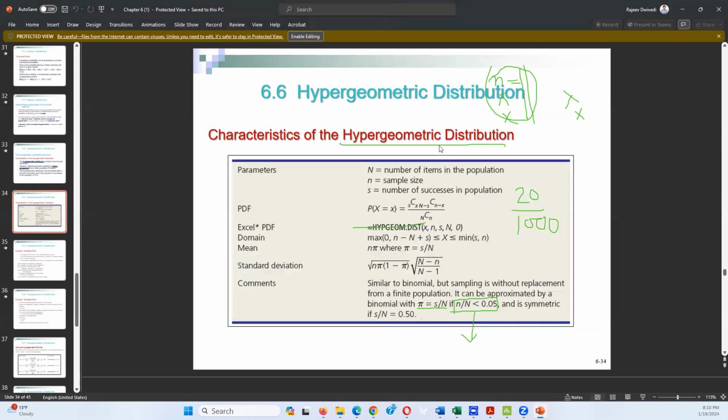A few questions in fill in the blanks, you need to see this condition: n upon N should be less than or equal to 0.05. So please remember, check this. If sample divided by population is this value, okay, go ahead and use the binomial distribution instead of hypergeometric.